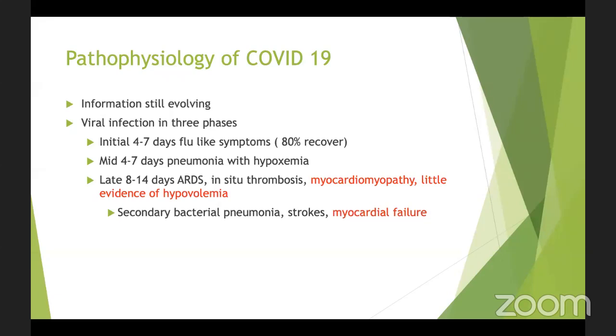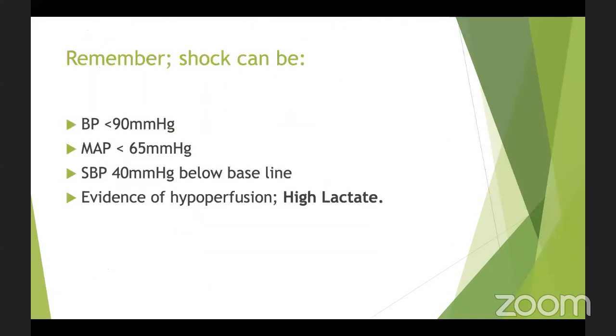It's a progression. In the late presentation, they can develop some thrombosis, cardiomyopathy, and little evidence of hypovolemia also. In addition to that, myocardial failure and stroke can be the presentation.